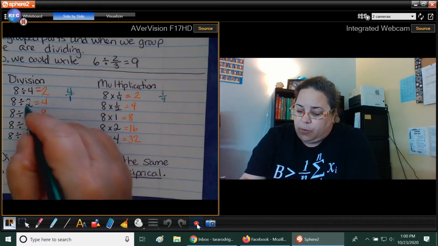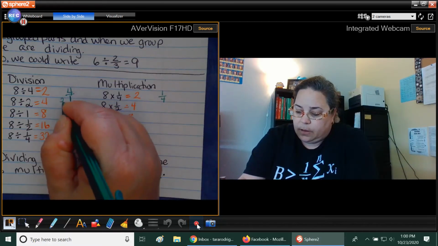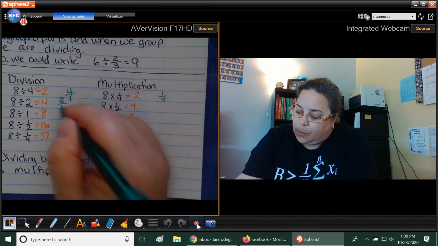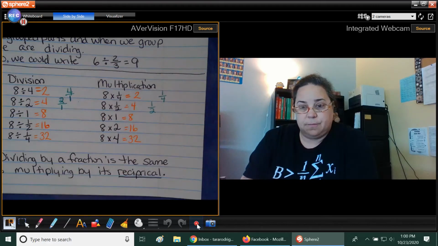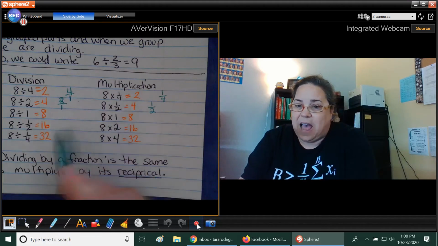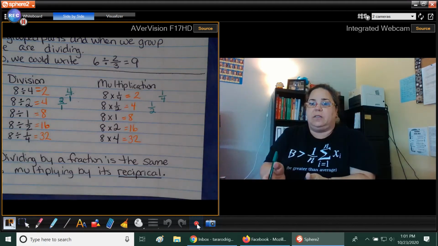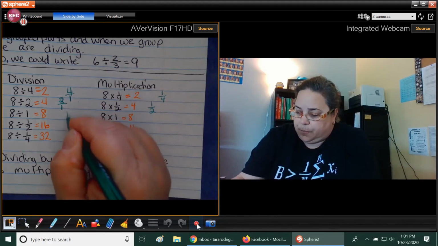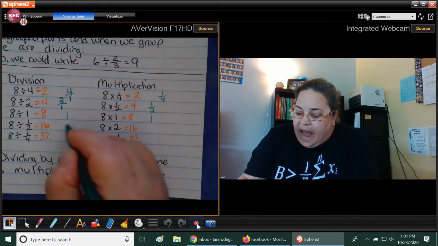So over here, we divided by 2, which is really 2 over 1. And then over here, we divided by 1/2. And over here, 1 is its own reciprocal. It doesn't have a reciprocal. It's 1 over 1. No matter what you do, you flip it, it's still 1 over 1. So it's just 1. Over here, we have 1/2.